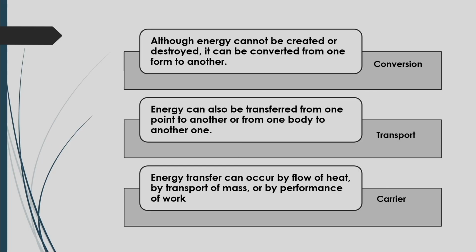If there is a temperature difference between two points, heat will move from the higher temperature to the lower temperature. In that way, heat energy is transferred from one point to another point.